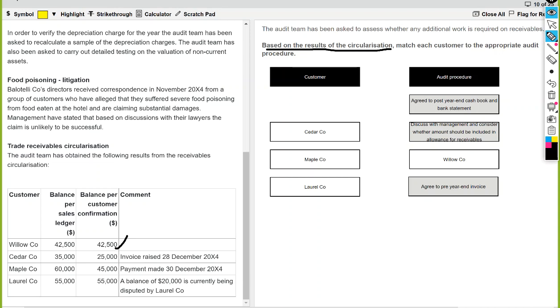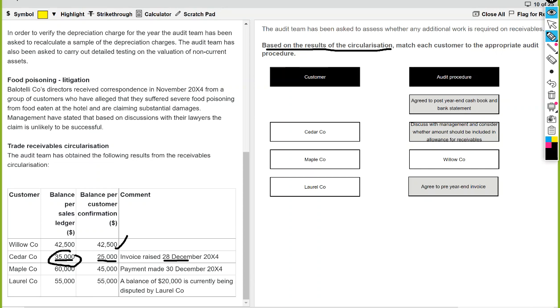Okay, number 2, the second customer. Our balance is 35,000. Customer 2 has a lower balance, and I have a higher balance because I issued them an invoice. Okay, I issued them an invoice before year end. That's why I got 10,000 extra. Probably the invoice value is 10,000. Right? So, whose mistake is this?